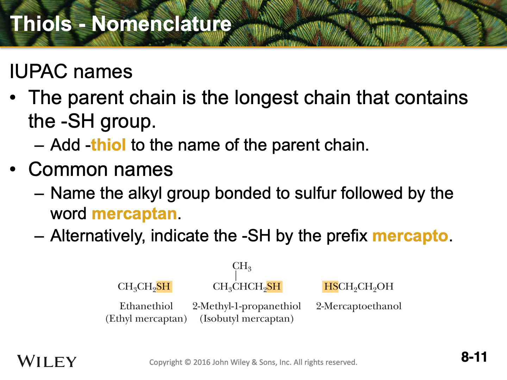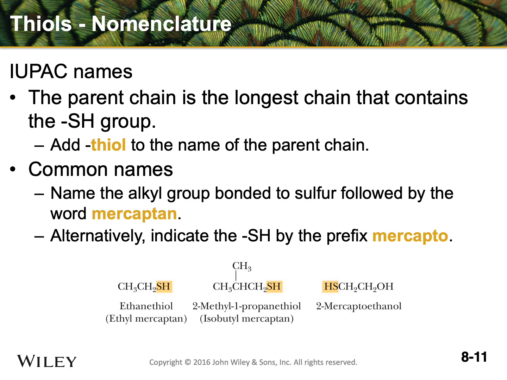When we name thiols, we take the parent chain of the longest carbon chain that the SH group is on, and then we add thiol to the name of that parent name. For common names, we actually use the word mercaptan as a group, such as methyl mercaptan or ethyl mercaptan.